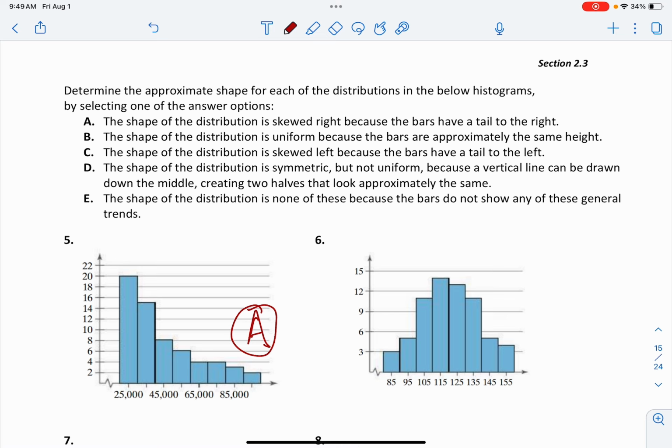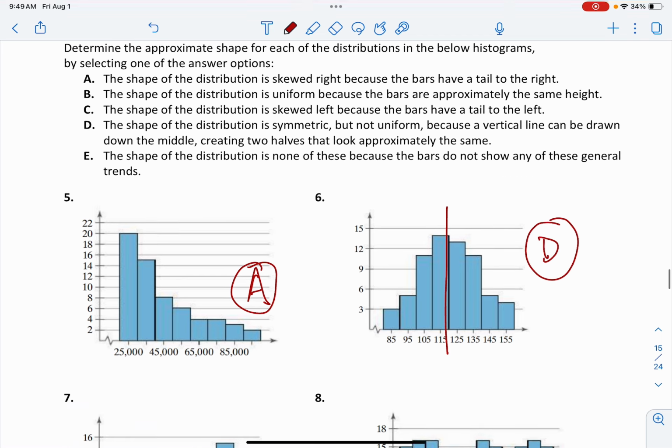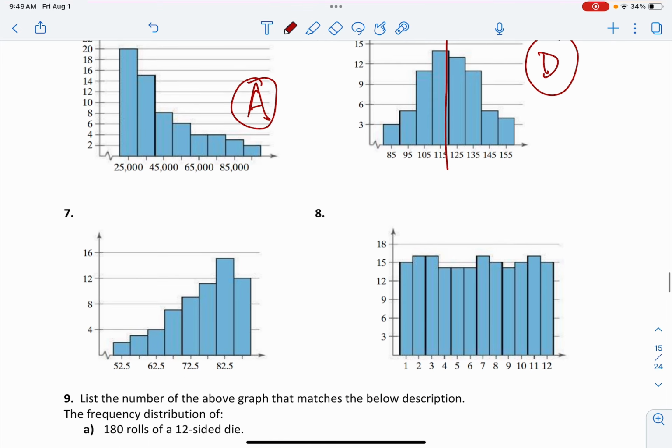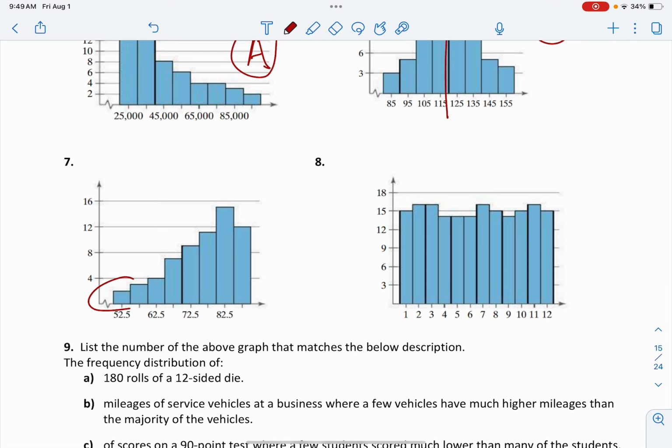How about 6? Okay, 6 I would say is approximately symmetric. It's not going to always be exactly symmetric, but we're looking for approximations here. And so I would say we have some symmetry on the left and the right, so that would be D, right? Okay, so symmetric. Here we have a skewed left, tail to the left, right?